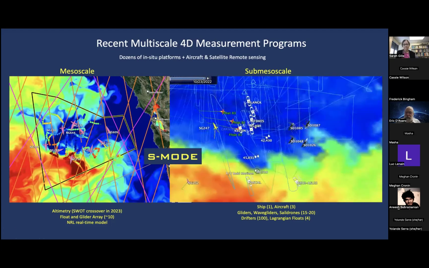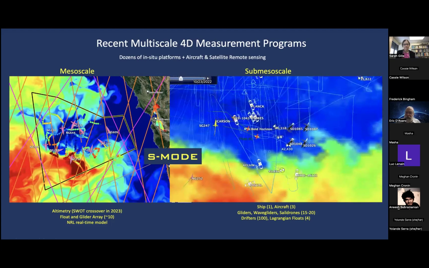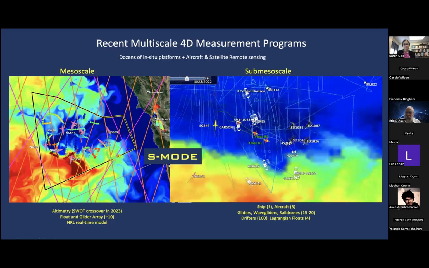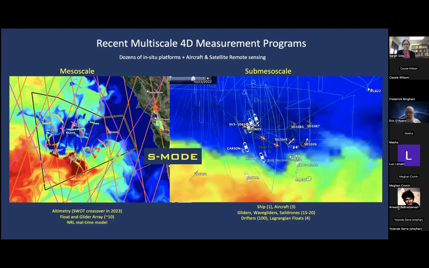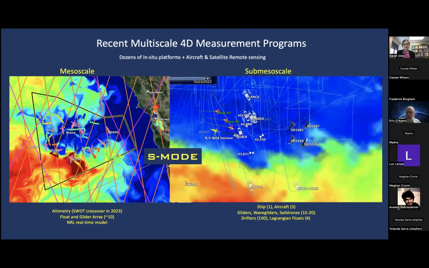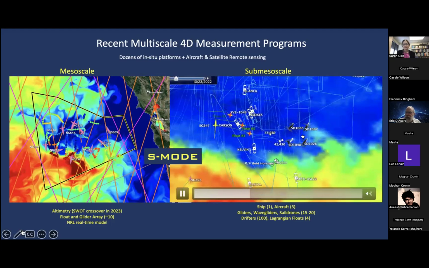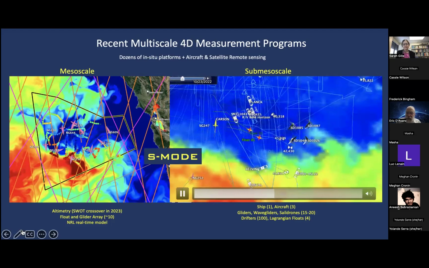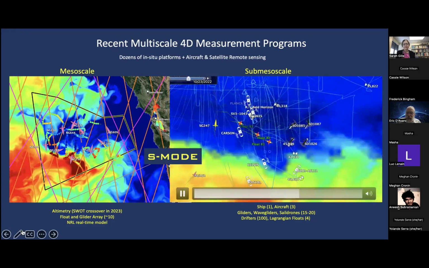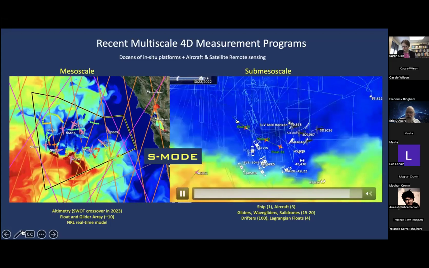You can see a ship. We had 3 aircraft, they're not in this image. We had about 15 to 20 autonomous platforms of one sort or another doing various sorts of sampling. For example, there's 4 Saildrones in a little box that I think is 3 kilometers across. There's some Wave Gliders that stay together about 1 kilometer apart, more or less in the same place, all in an interesting place.